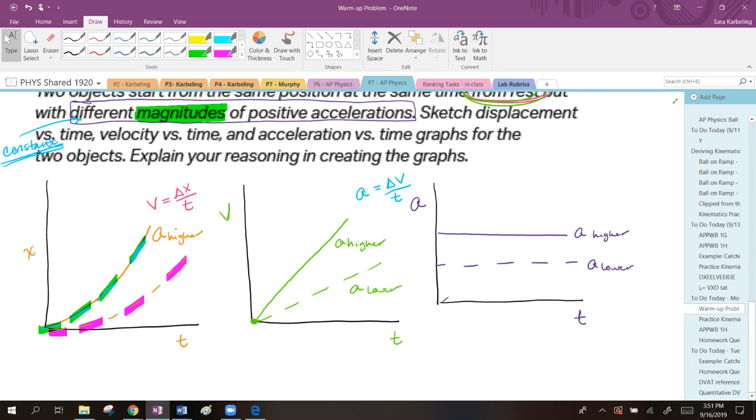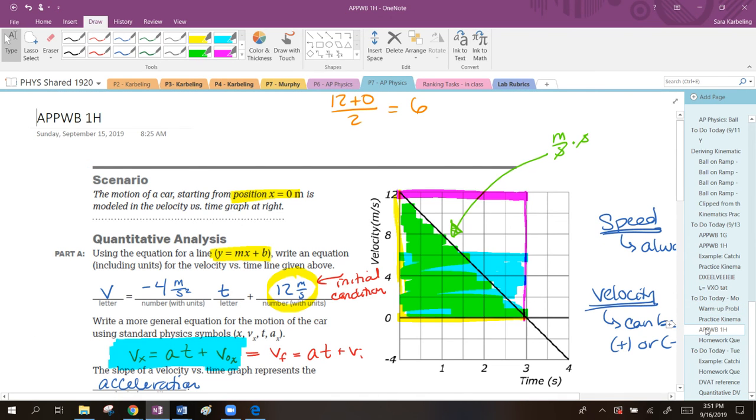Okay. We're going to work backwards this time. So now we're looking at the acceleration versus time graph and the velocity versus time graph. So without drawing anything, question for you. Where in this whole story is the velocity the greatest? At the beginning, right? So the velocity is the greatest at t equals 0.